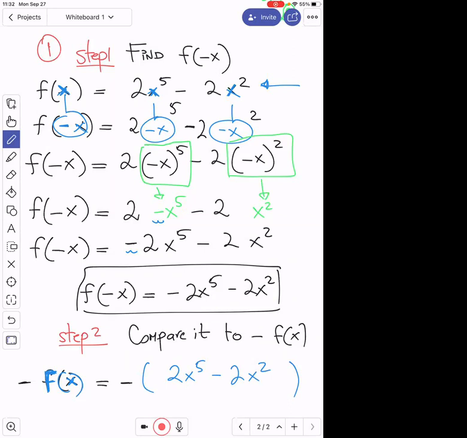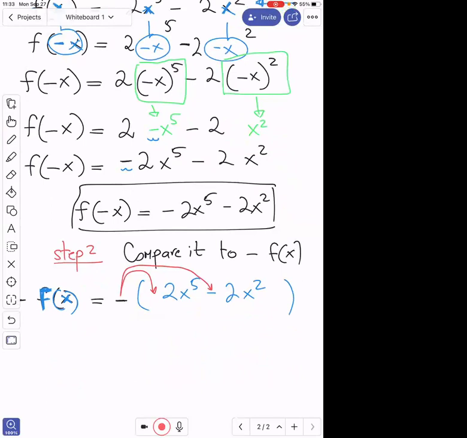Now I'm going to distribute the sign. So this minus goes right here, and then I'm going to have minus minus, and that will be a plus. So it's minus 2x^5, minus minus, that will be a plus, 2x squared.